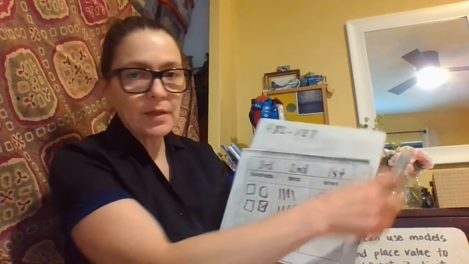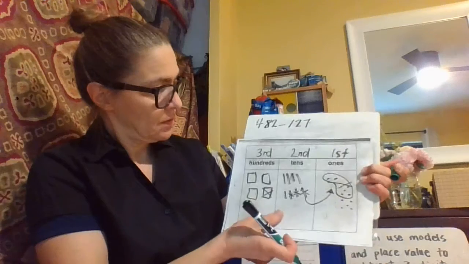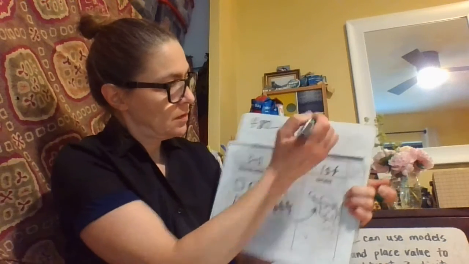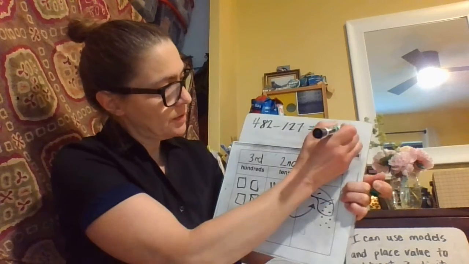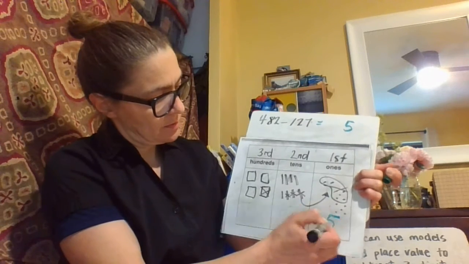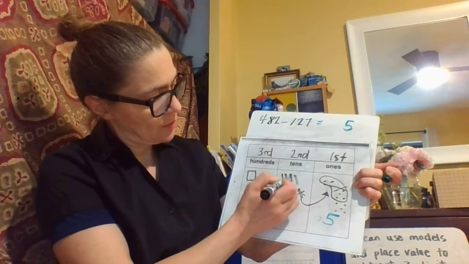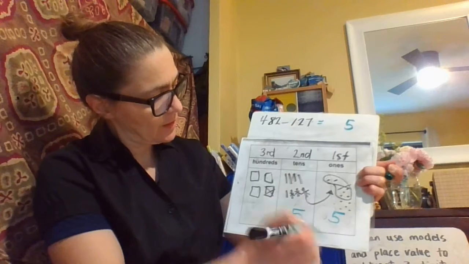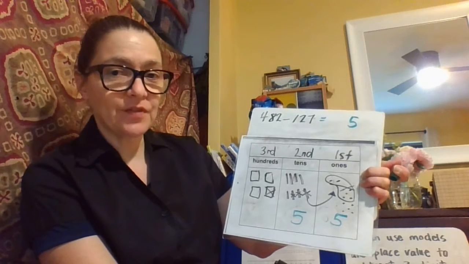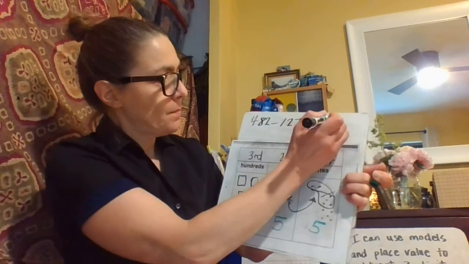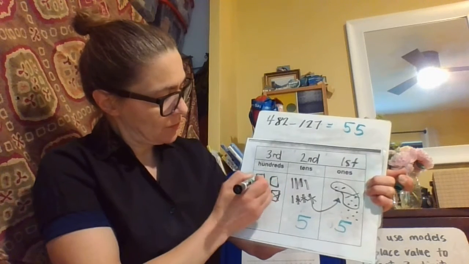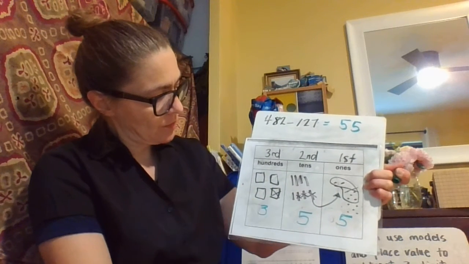And now I'm going to count up what's left. I have 5 ones. I have 10, 20, 30, 40, 50, 5 tens, 50. And I have 100, 200, 300.